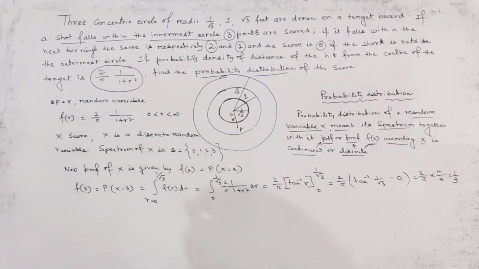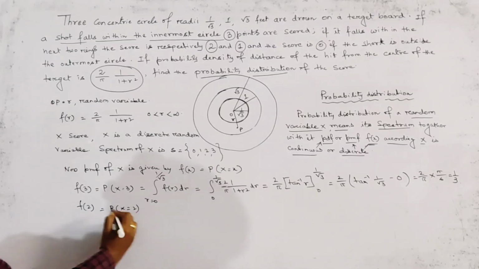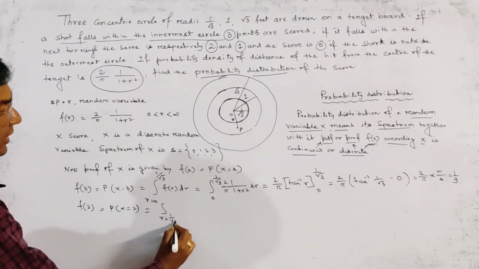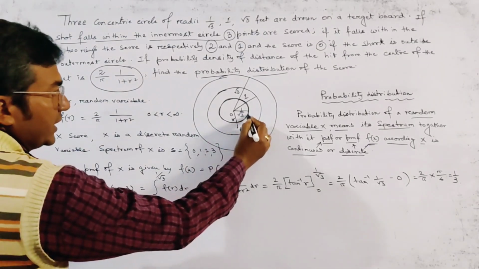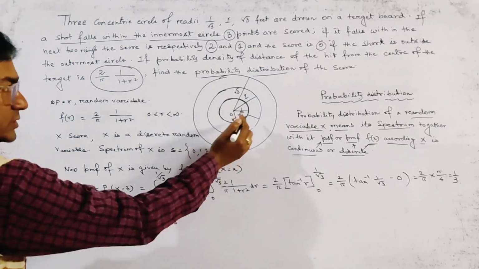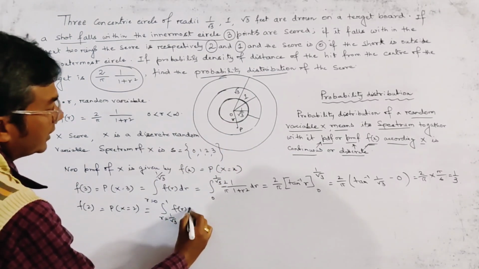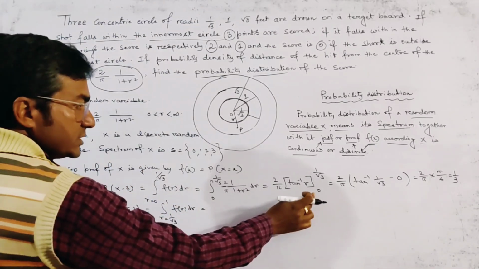So we get 1/3. Okay, and f of 2 is P of X equal to 2, and clearly here the range is r equal to 1 by root 3 to 1, because it is the next ring. Okay, this is 1 by root 3 to 1, fr dr. Clearly the integration is the same other than this range.